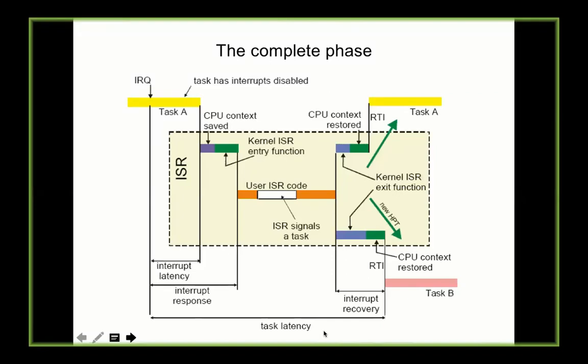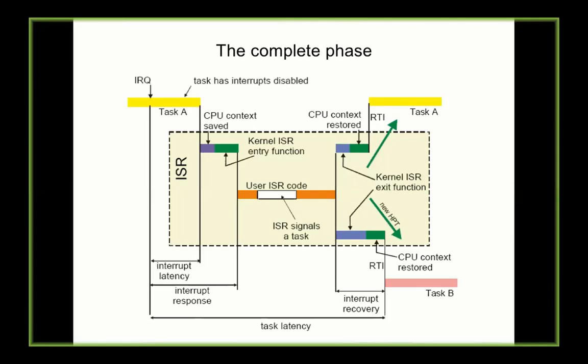Okay, four very important terms for every embedded developer, typically for software-based metrics to be derived. So when you have to calculate some kind of worst case response time, interrupt becomes a very important criteria for measurement. Okay.